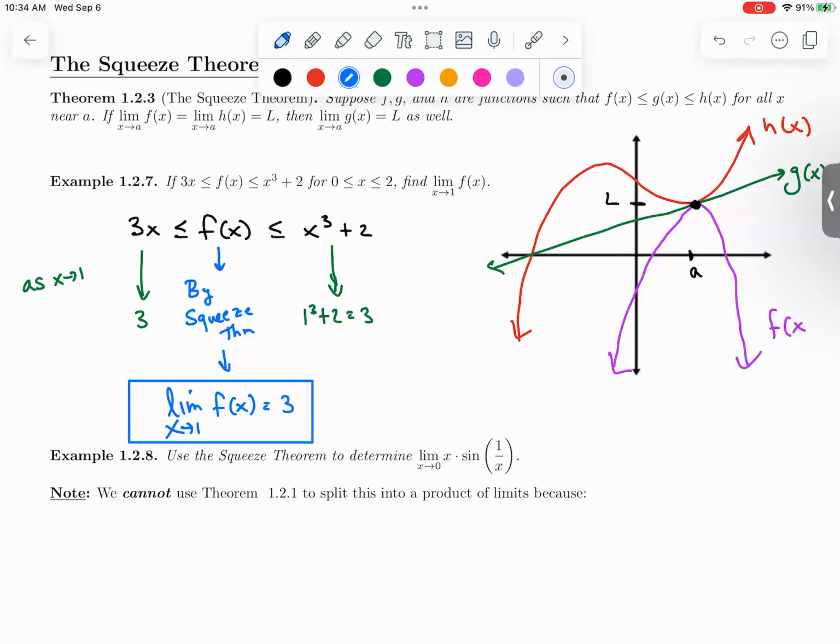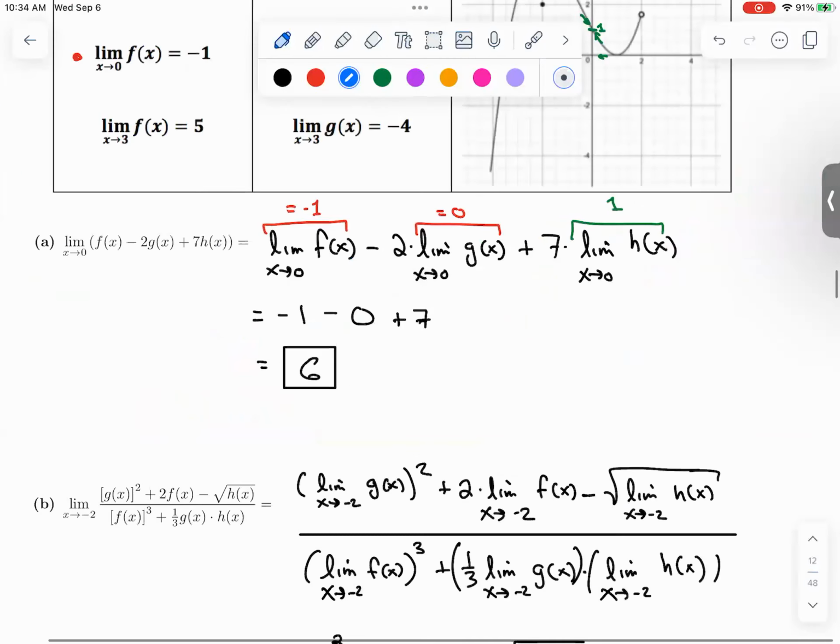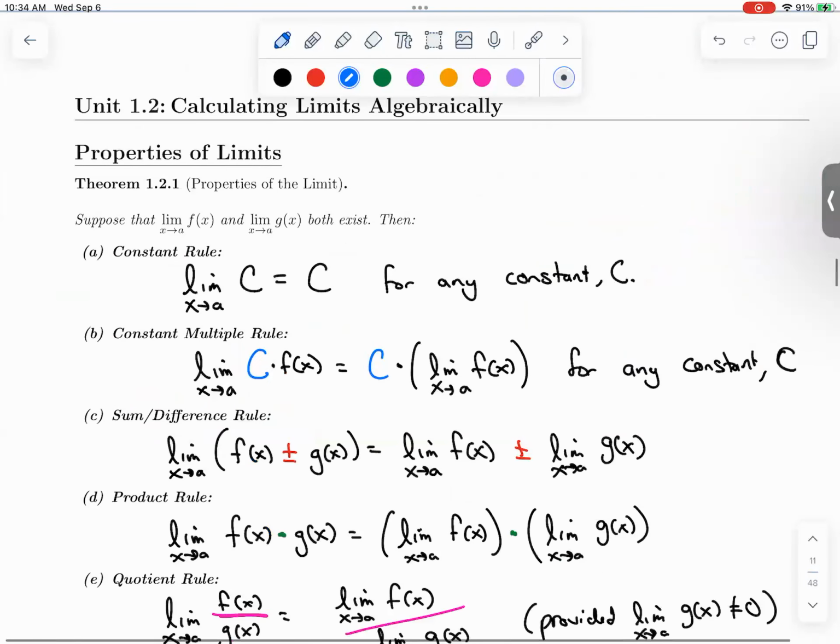So one thought would be, okay, well, we know from 1.2 that you can split a product into multiple pieces. But the problem here, and we learned in 1.1, is that the limit of sine of 1 over x as x approaches 0 does not exist. That's the issue. The supposition is that the limit as x approaches a of f of x and of g of x both exist.